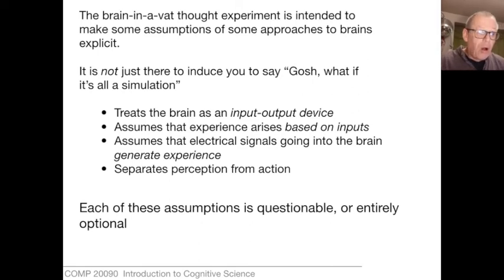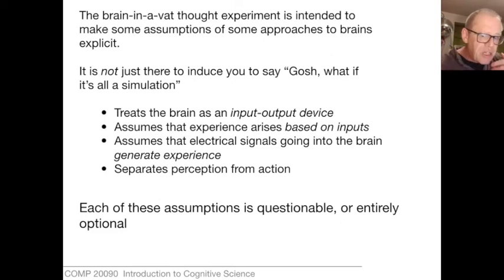Furthermore, conscious experience is attributed to the brain, not to the rest of the body. Pay attention to your legs, pay attention to your hands. Where is that feeling? Is it in your brain or is it in your hands? I'm just asking. It assumes that these electrical signals generate experience, and it assumes the separability of perception and action underlies this view of the brain as an input-output device.